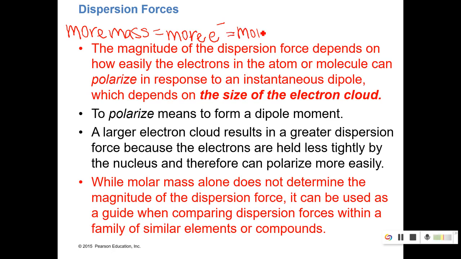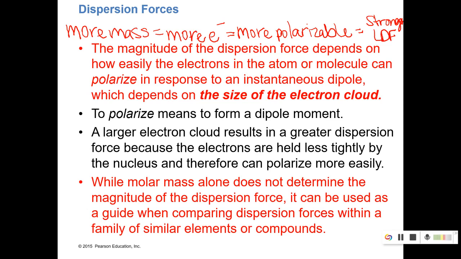That means it is more polarizable. And polarize means to create poles in the atom, like partial positive, partial negative. And then it means it has a stronger LDF. So that is kind of what all of this red is saying.